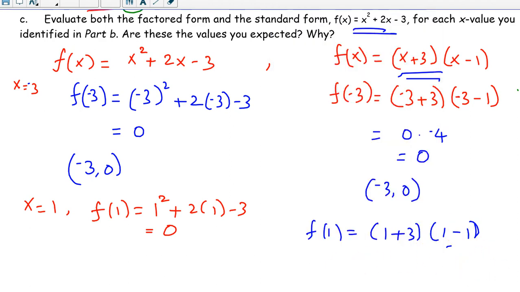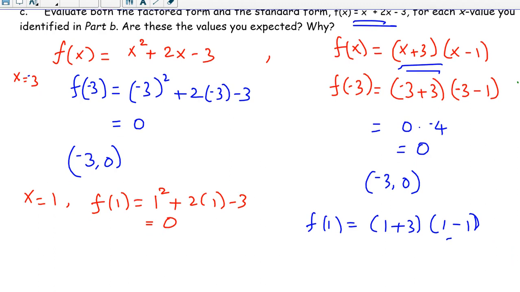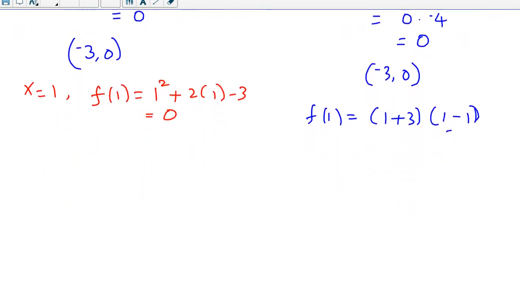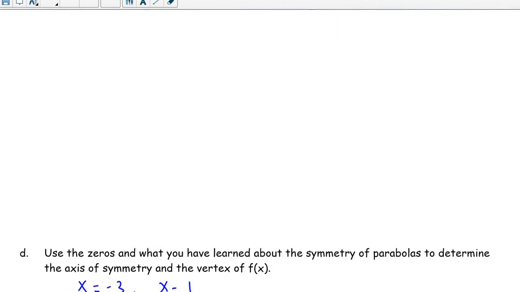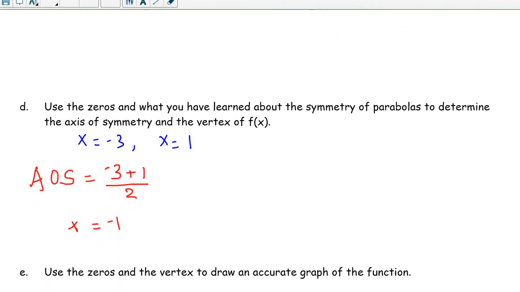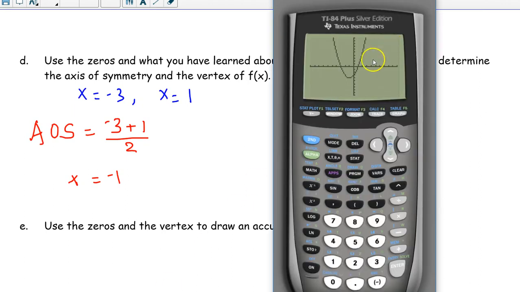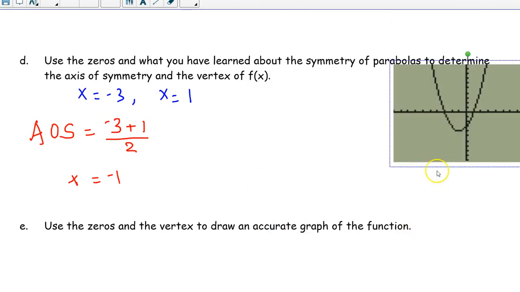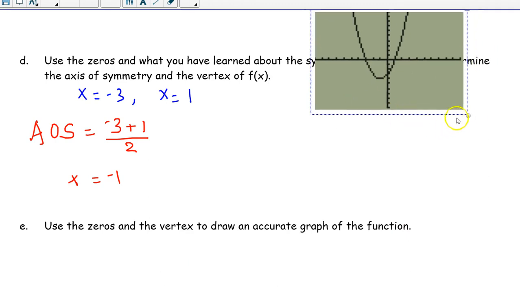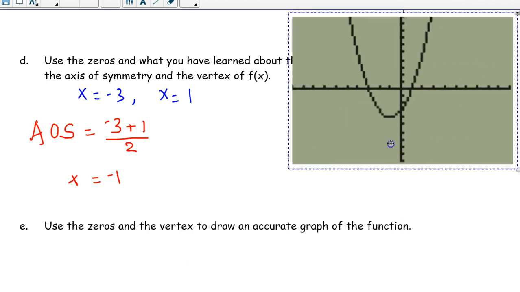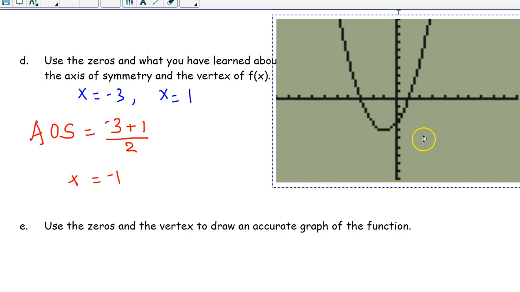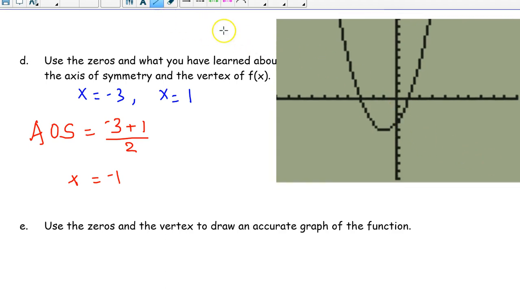So let me go down some more to your axis of symmetry. Right, here we have our axis of symmetry. And I'll take the calculator and enter it here. At this point, x is equal to -1. Right over here. This is the line.